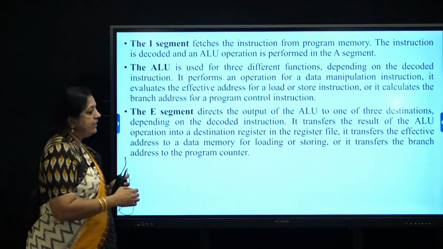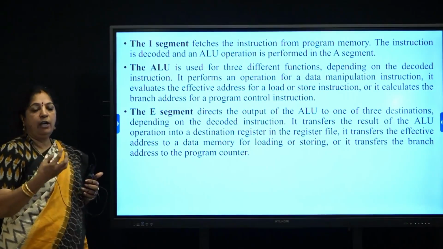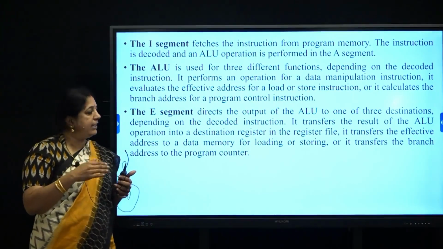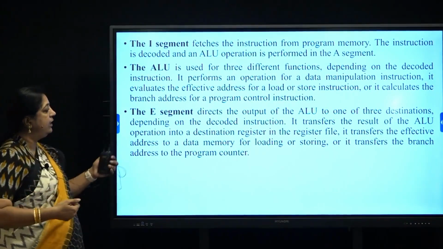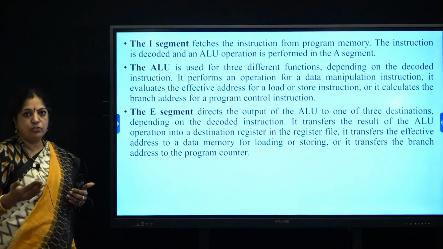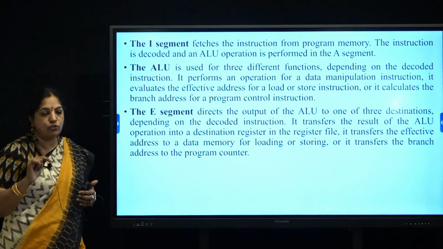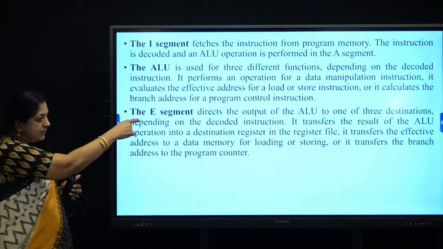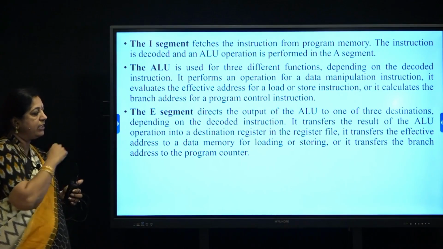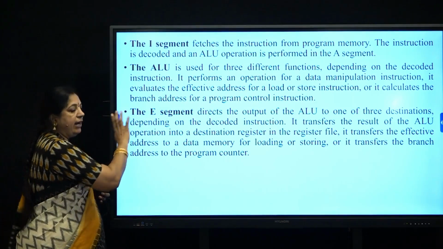And E segment, the output. When you are having an output, there are different destinations where the output is to be stored. It depends on the decoding of the instruction where we are going to store the output. So, it transfers the result of ALU operation to the destination, all that you are having in the E.